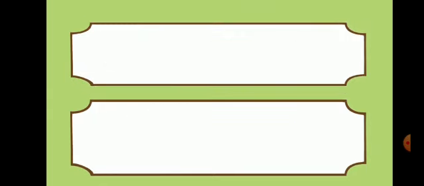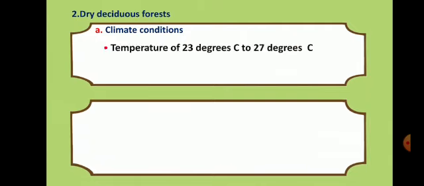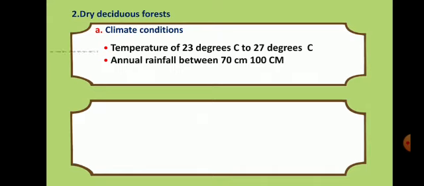Next we'll see dry deciduous forest. So the climatic condition of this forest is a temperature of 23 degrees Celsius to 27 degrees Celsius. Annual rainfall is between 70 to 100 centimeters.